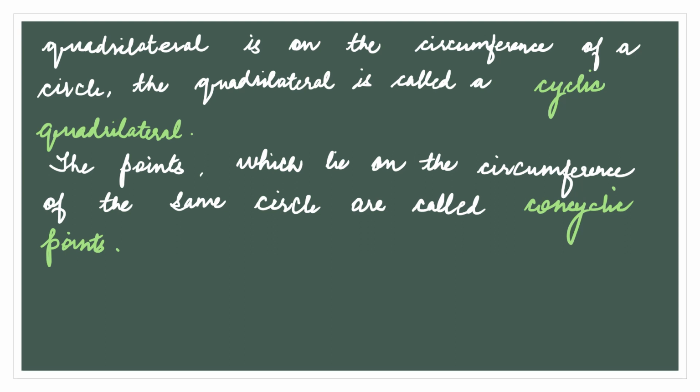Suppose here is a circle, okay, and suppose you draw a quadrilateral like this, okay. All the vertices are on the circumference of the circle.